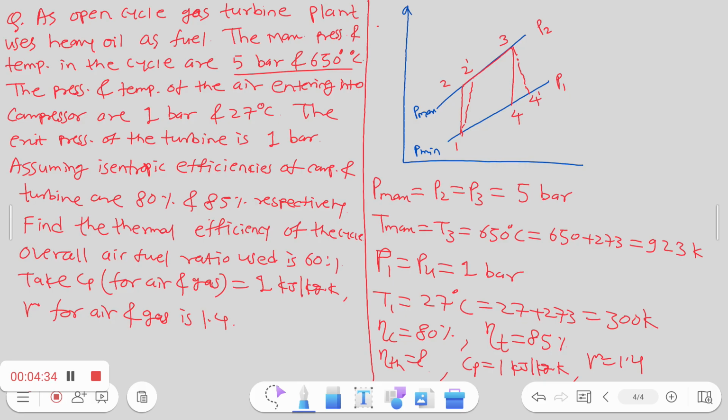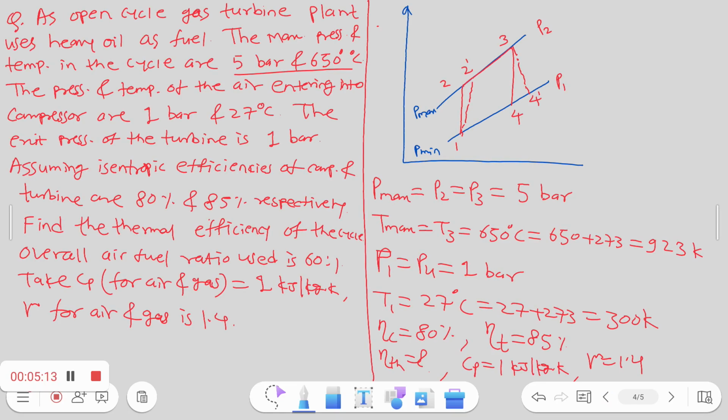Okay, so how can we calculate T2? Already we have seen how to calculate T2. 1 to 2 is an isentropic process. T2 by T1 is equal to P2 by P1 raised to gamma minus 1 by gamma. T1 is 300.